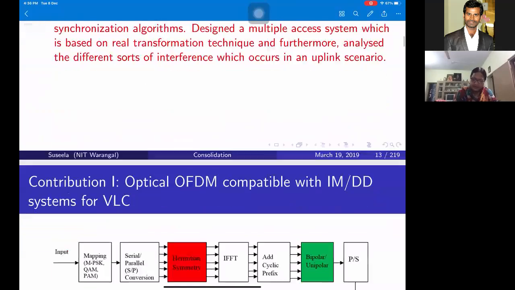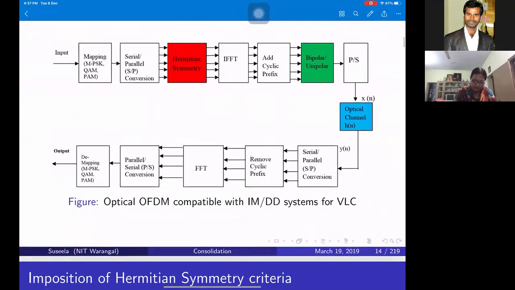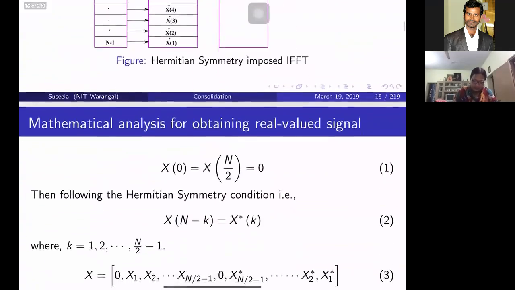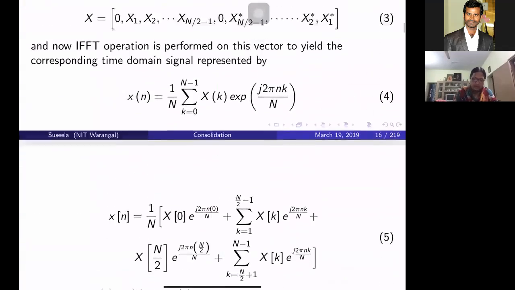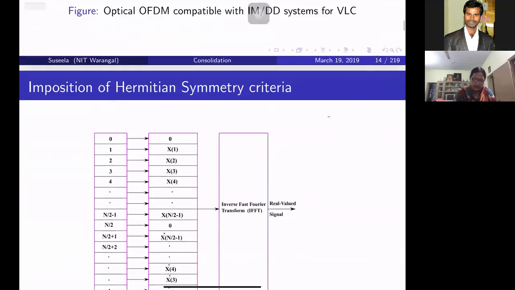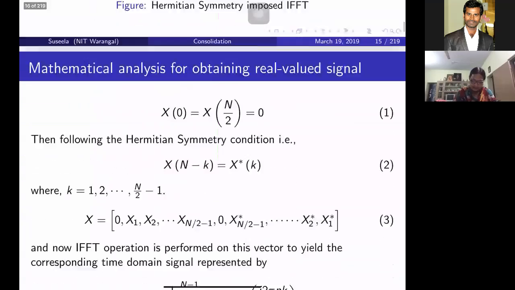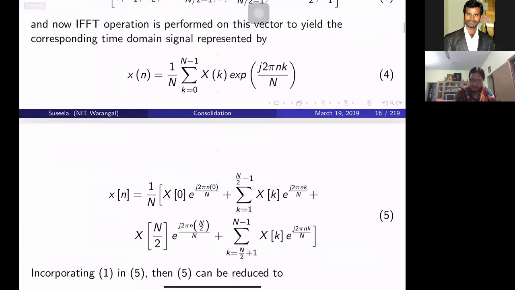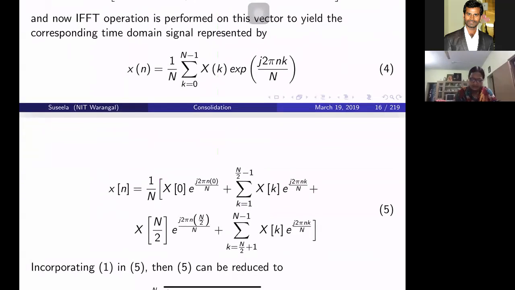So this Hermitian symmetry is one of the techniques. And we have very good publications in IEEE Sensors Journal, Photonics Journal, Optics Letters, and Optics Communications.